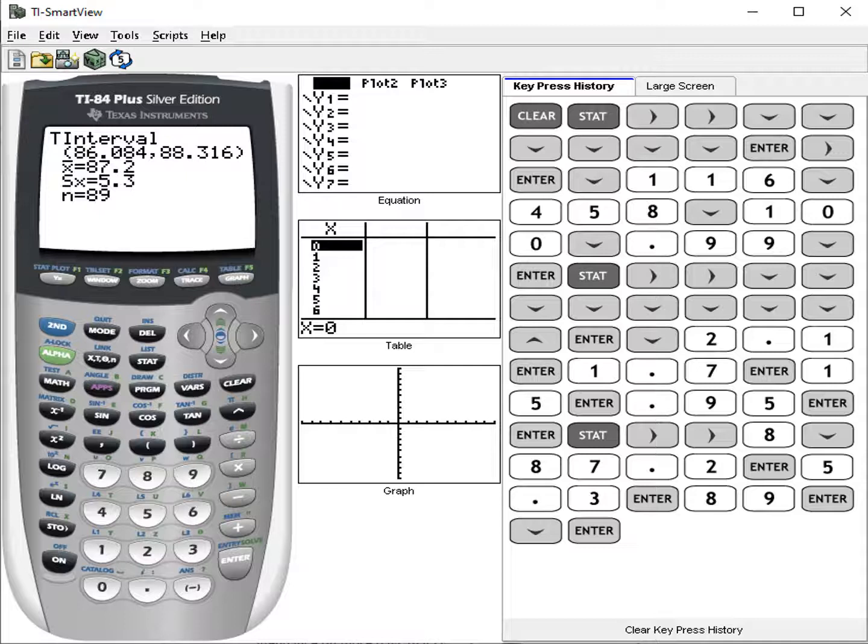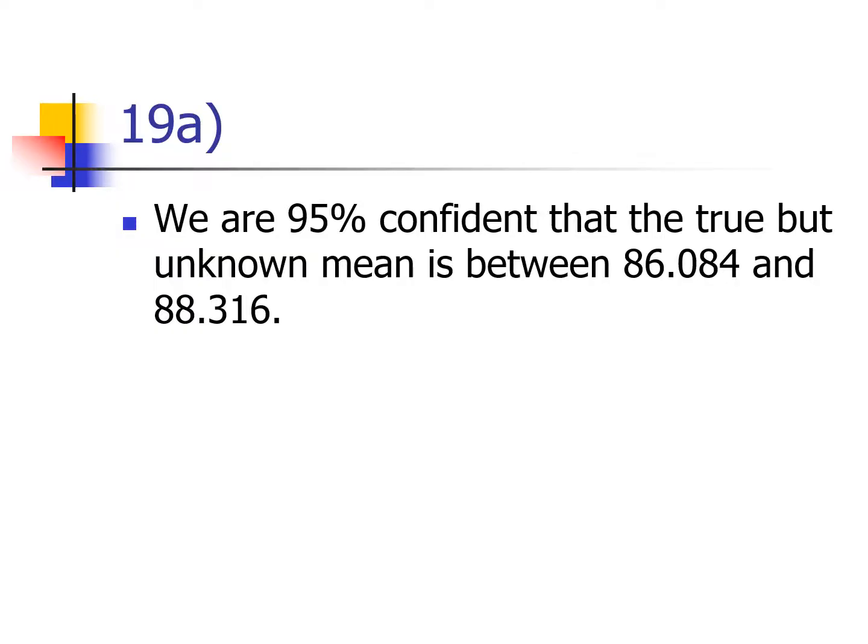But going through the motions, going through the calculations, answering questions, getting points on tests, nothing hard about that. Right. So I think I put the answer on the next slide. Yep, there we are. We're 95% confident that the true but unknown mean of this generic problem is between 86.084 and 88.316.